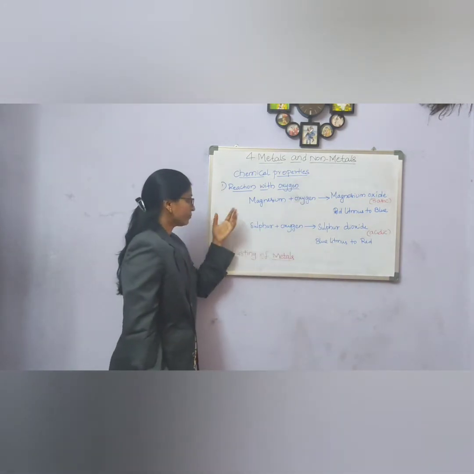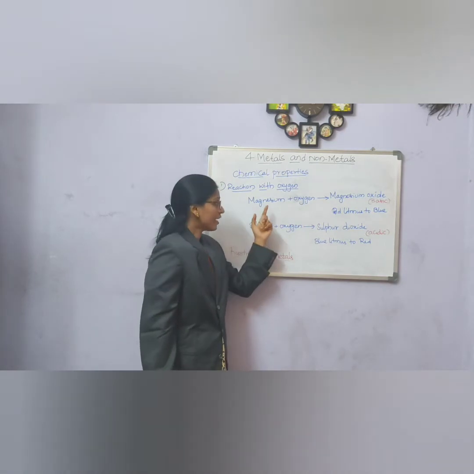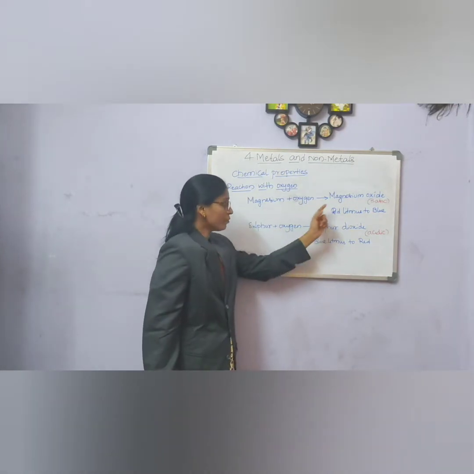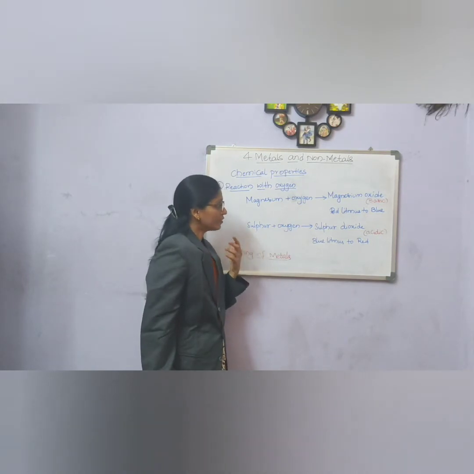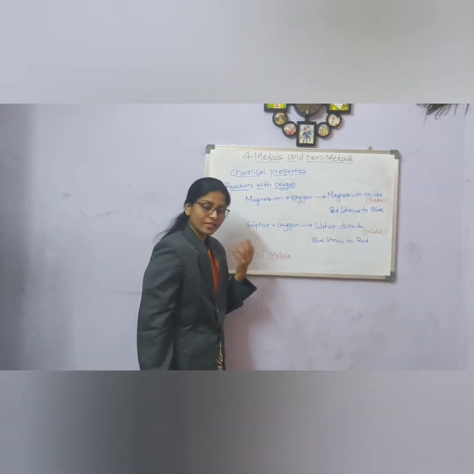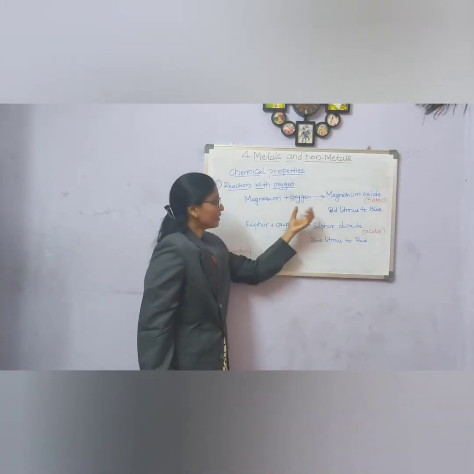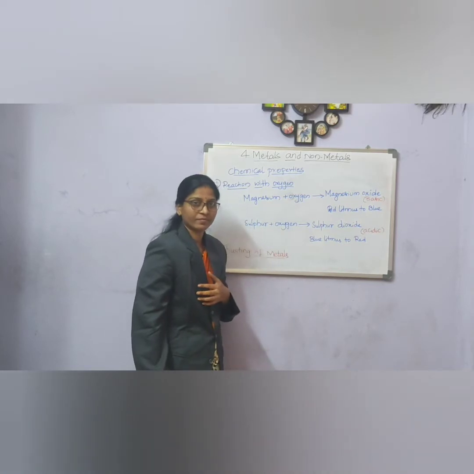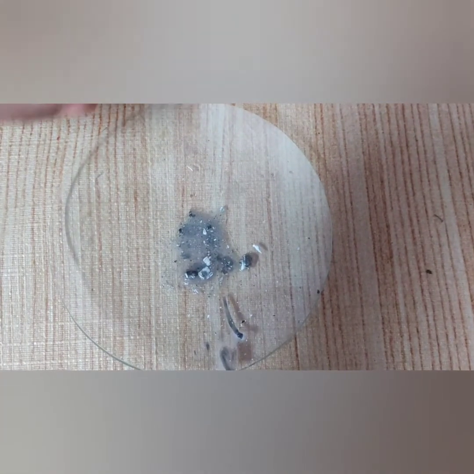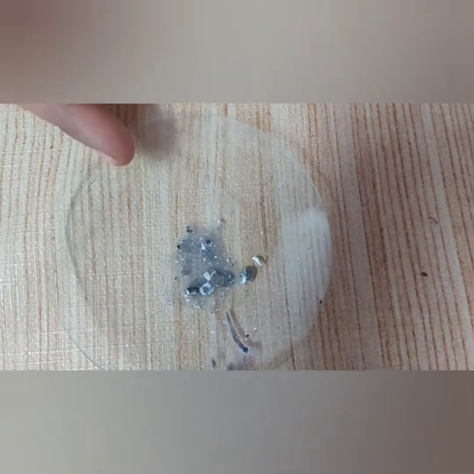First, we will take the metal magnesium. It reacts with oxygen to give magnesium oxide. We will test whether the oxide formed is acidic or basic in nature. We will see the activity. After burning the magnesium ribbon, we get the ash like this.